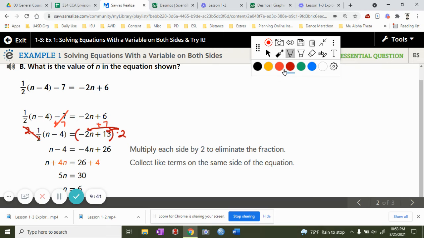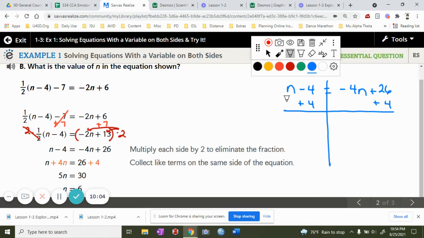Now, there's a couple of things happening here with this n minus 4 equals negative 4n plus 26. They are doing a couple of steps in here. They're going to add 4 to both sides. Okay, so remember, I'm doing that on both sides of my equation. So I get n equals negative 4n plus 30.